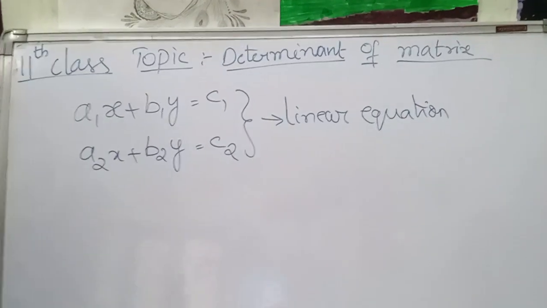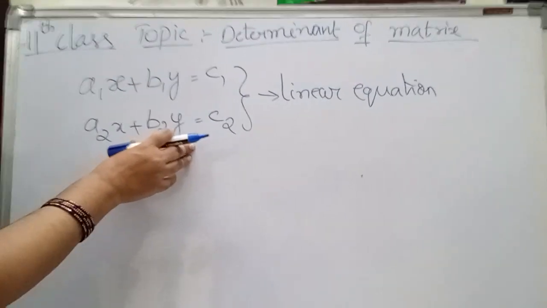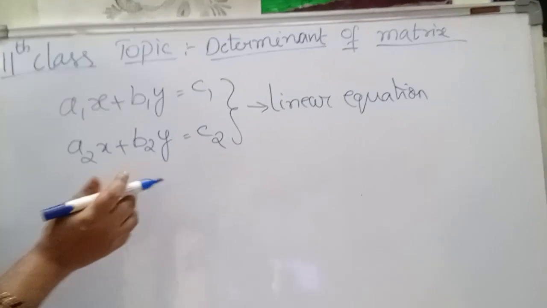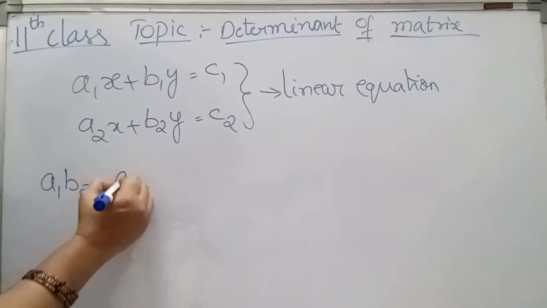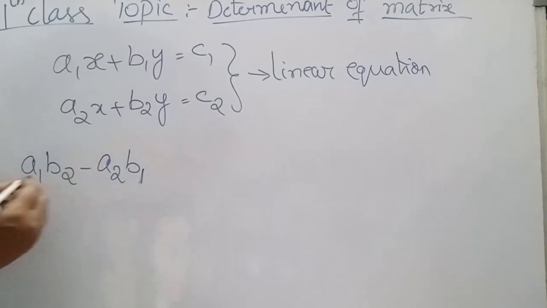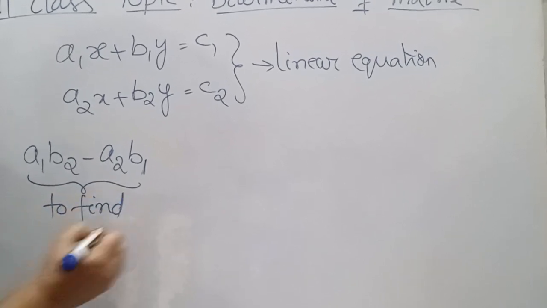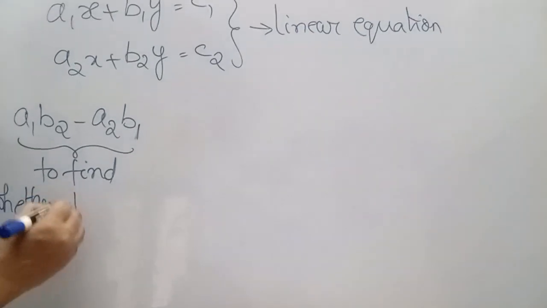If we have to find whether these two linear equations have a unique solution or not, we have a formula: a1 b2 minus a2 b1.